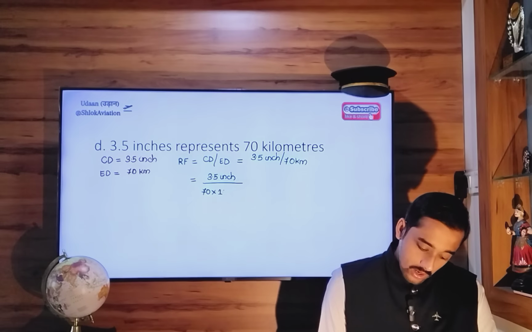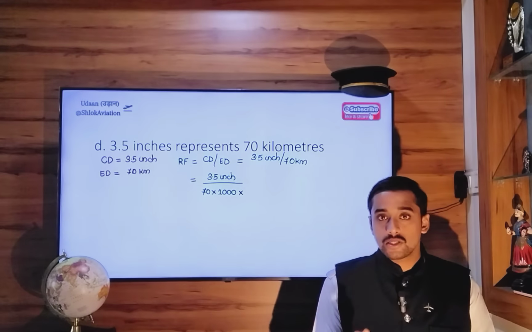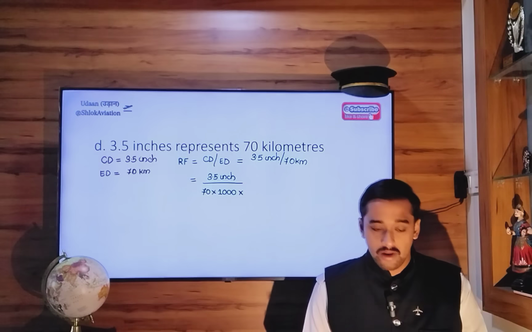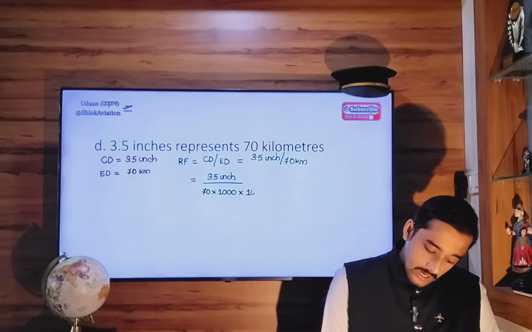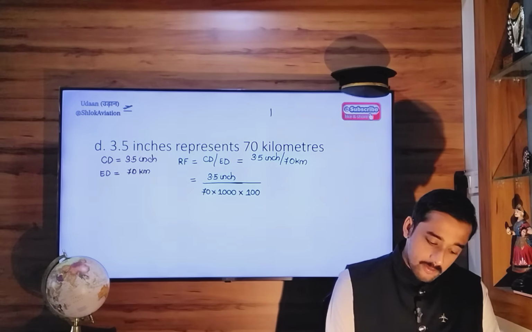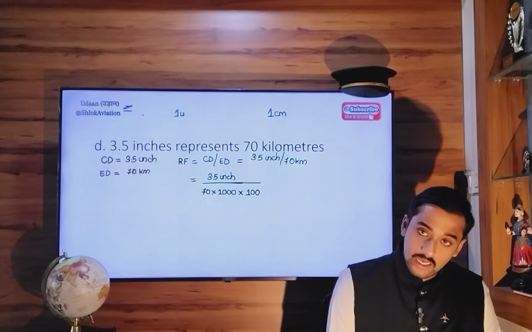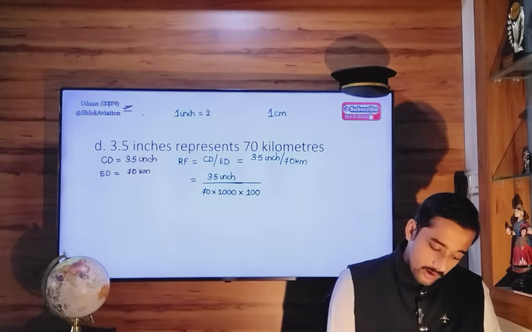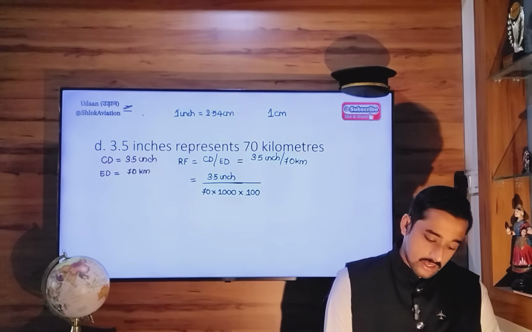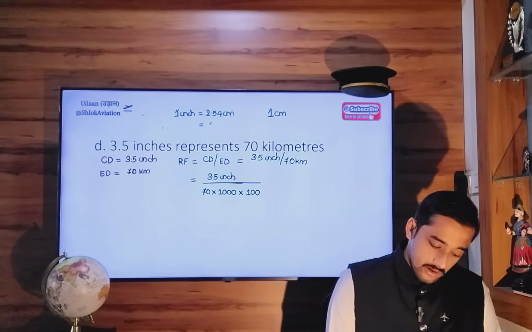So 70 into 1000. Now meter into centimeter. 1 meter is 100 centimeter. So multiply by 100. Now we all know from the previous question that 1 inch is equal to 2.54 centimeter. So 1 centimeter will be equal to how much?